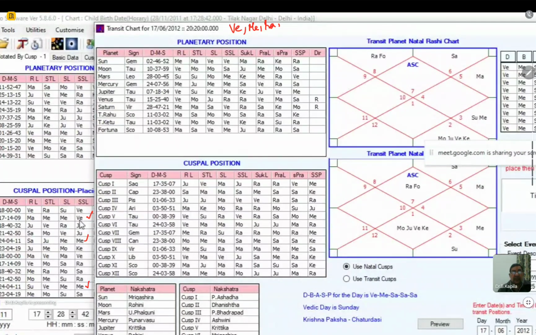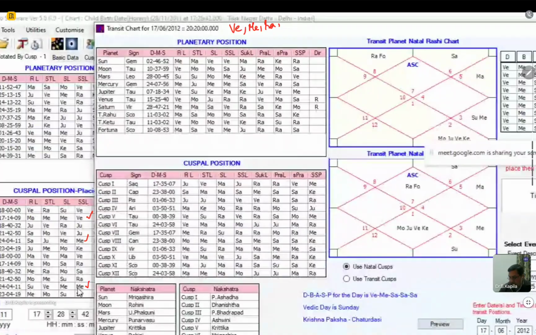If I take the fifth sub-sublord as the first priority for fixing the Sukshma, what is the condition? The Sukshma Lord should be a co-ruler of the primary cusp and should be co-ruler of one or all the supporting cusps.